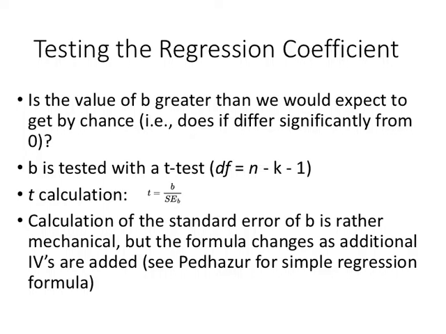And of course, as n goes up, standard error goes down as a function of the square root. And so with a sample size of 10, all things being equal, you're going to have a much larger standard error than with a sample size of 1,000.